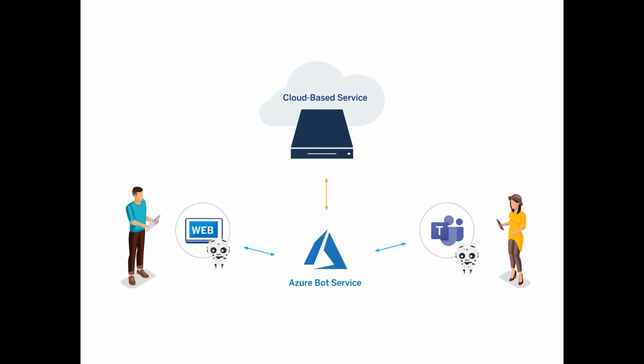So you have some service up there in the cloud, the bot service is communicating with it and then outputting through channels that you decide to the various chat-based messaging systems that will then present it to the user, and the user can interact with it. And that could be web chat, Teams, Slack, many different ways of doing it. So this is a very high-level architecture of the whole thing.